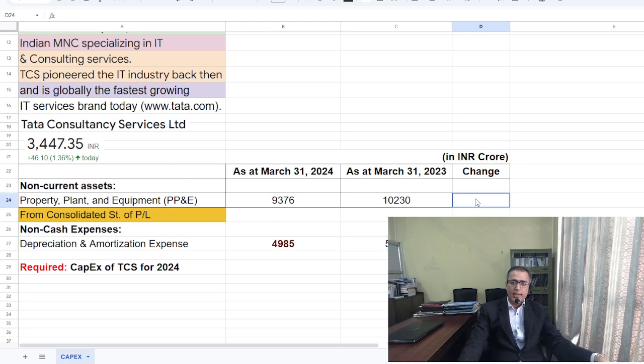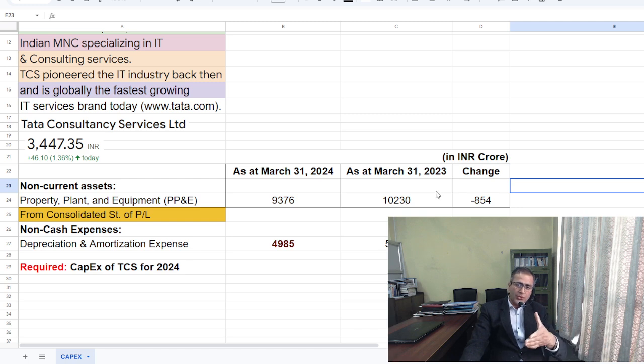So simply, the change in property, plant and equipment is this year minus last year. This is a negative figure, because as compared to 2023, in 24 this company has a lower value, I mean talking about the balance sheet value of property, plant and equipment.